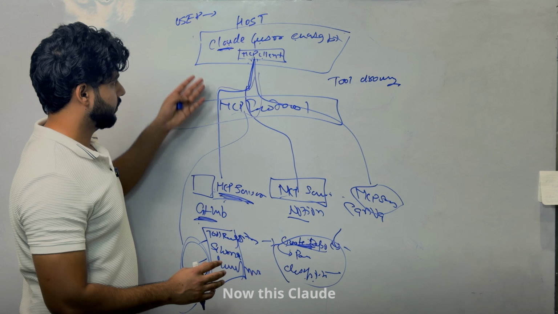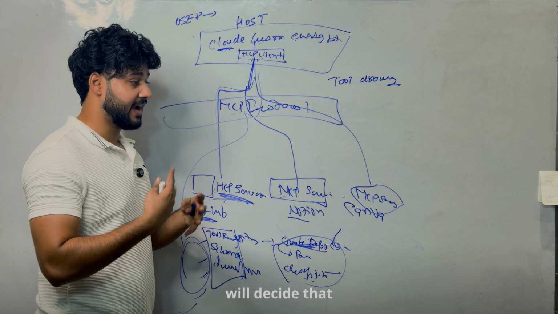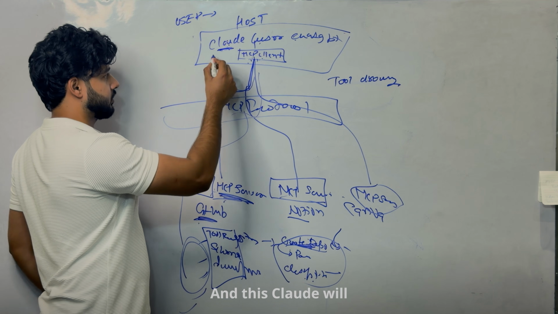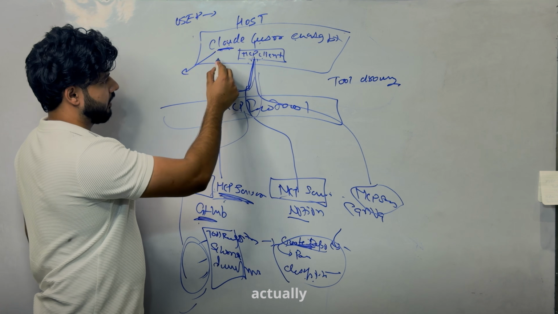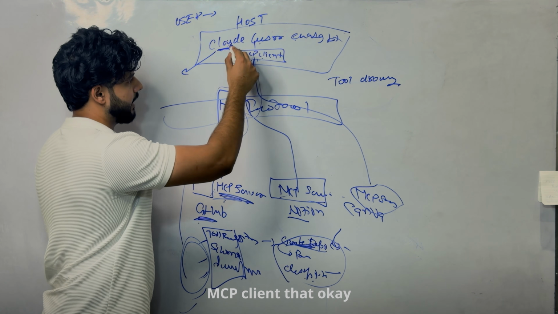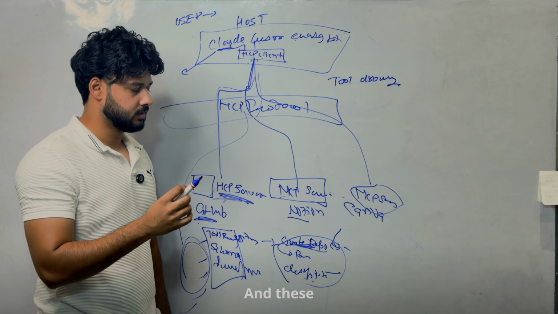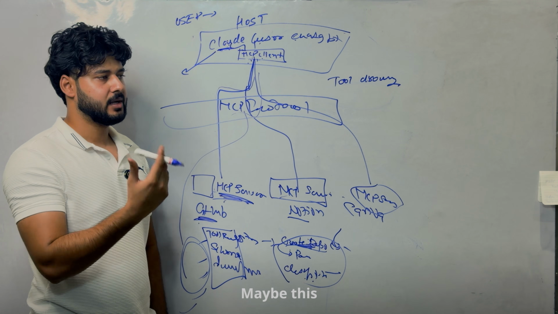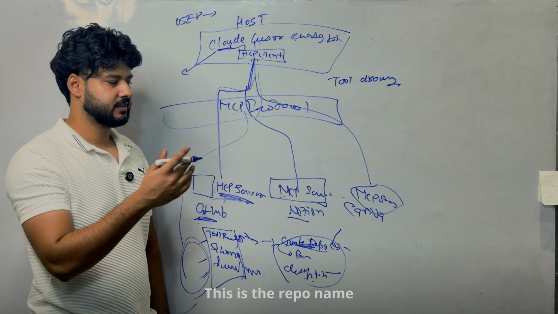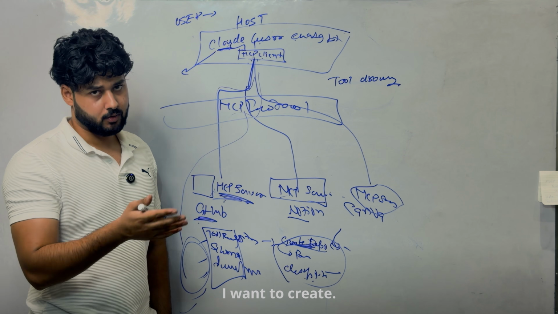Now the MCP client will tell Claude that these are the tools available on the GitHub MCP server. Claude will decide which tool it wants, and in a second call it will tell the MCP client that it needs to create a repo, and these are the parameters. Maybe this is the user ID, this is the repo name I want to create.